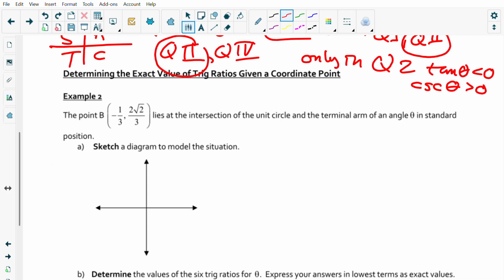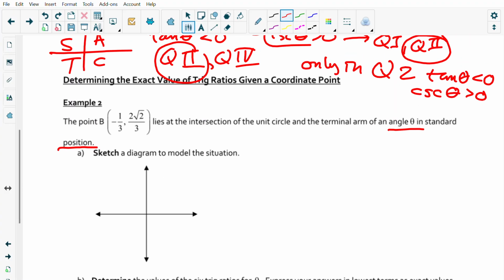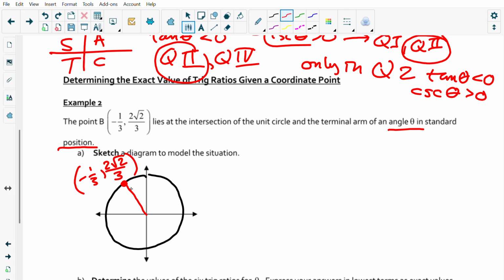Okay, determine the exact values of trig ratios given a coordinate point. The point (negative 1/3, 2 square root of 2 over 3) lies at the intersection of the unit circle and the terminal arm of an angle theta in standard position. Sketch the diagram to model the situation. So if I have my unit circle here, let's draw that in. And somewhere over here on the unit circle, I have (negative 1/3, 2 square root of 2 over 3). Here's theta.